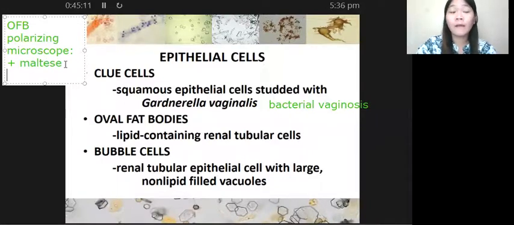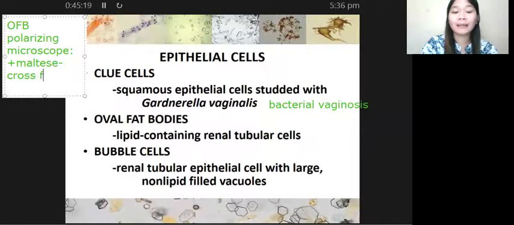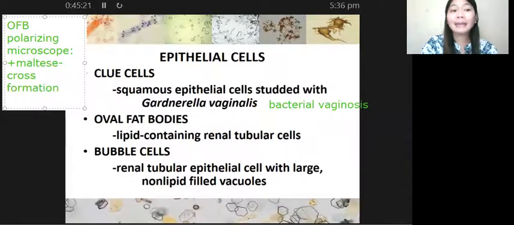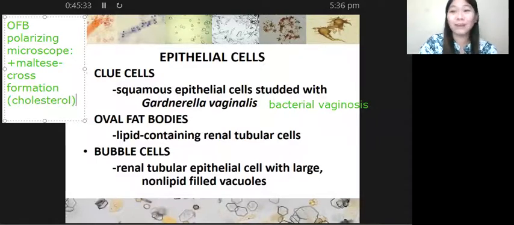We are after the observation of your maltese cross formation. And again, pag merong maltese cross formation, anong lipid ang meron doon sa RTE cell natin? Yes, very good. We have your cholesterol.